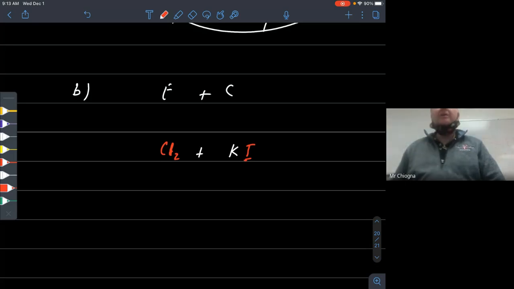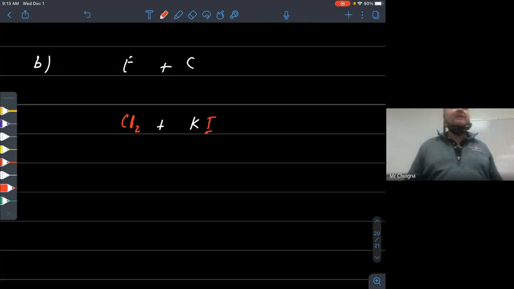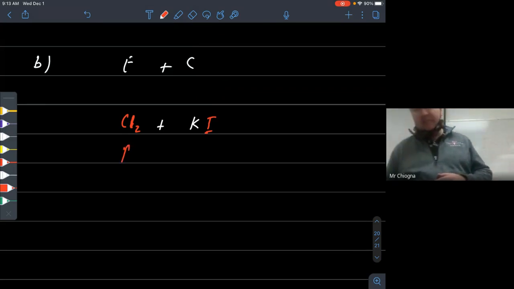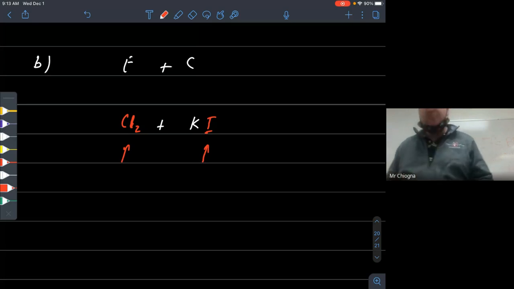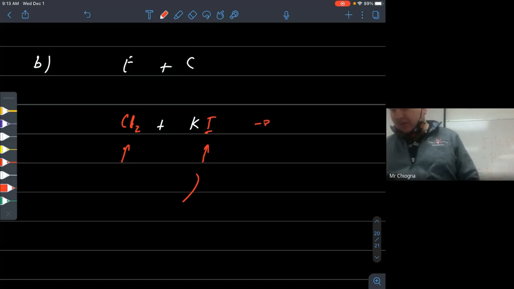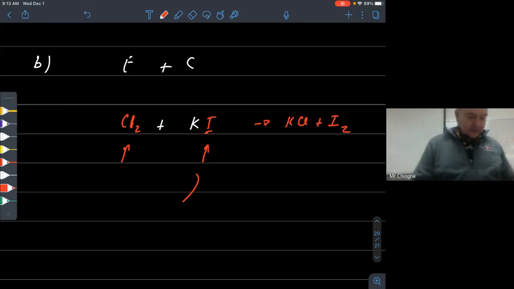Because those are nonmetals. In a single replacement reaction, a single nonmetal will replace the nonmetal in the compound. So the Cl and the I will switch places. So you'll end up with KCl. I'm going to give this one to you. Plus I. You think that's right? Can I leave it as I? Very good.